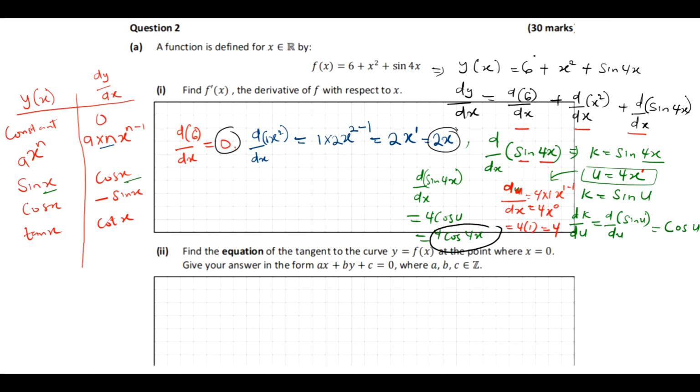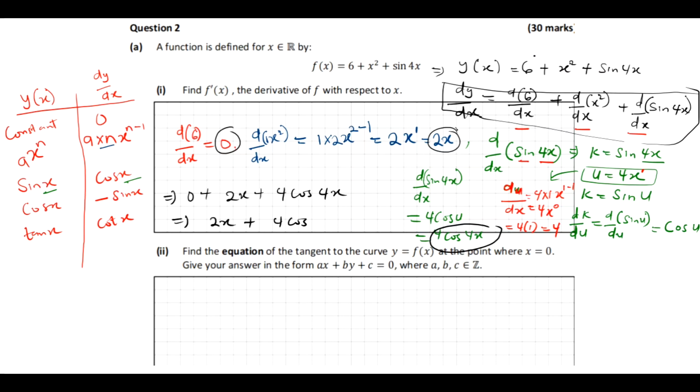So the differential of the whole expression will be the addition of my results, which is 0 plus 2x plus 4 cos 4x. So my final answer is going to be 2x plus 4 cos 4x. That's it.